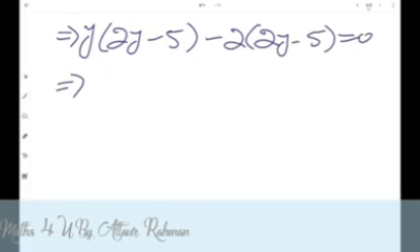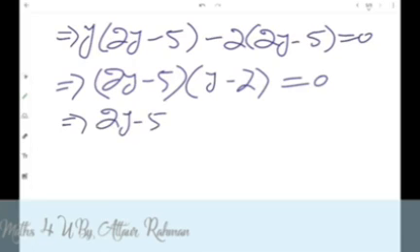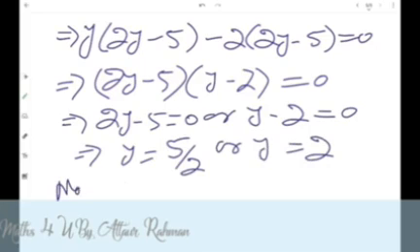Here we will use the zero product property as we have used in the previous one. That is, 2y minus 5 is equal to 0 or y minus 2 is equal to 0. And these are clearly linear equations whose solutions are 5 upon 2 and 2.